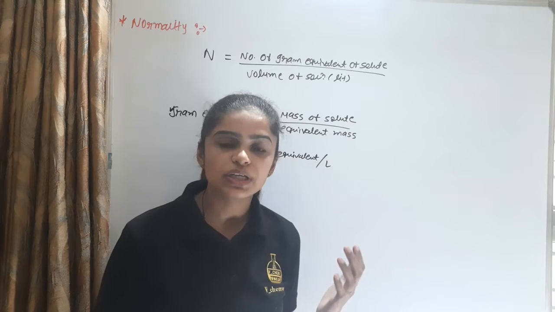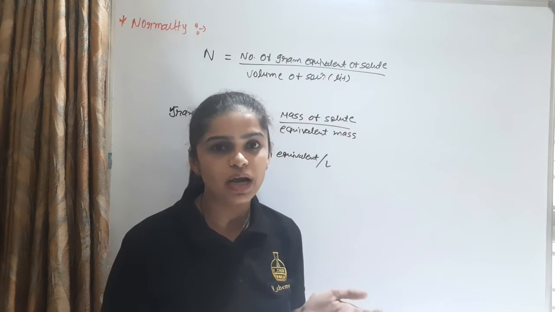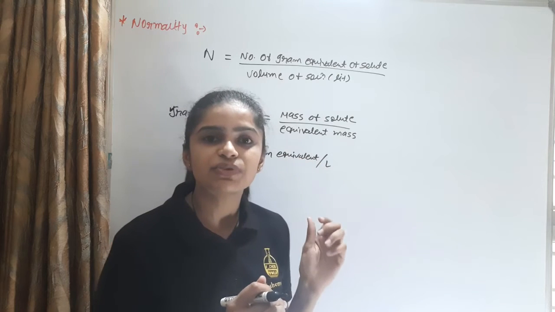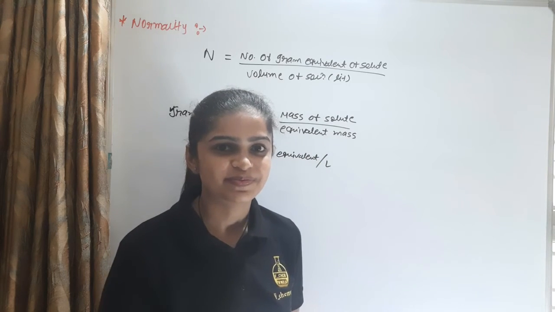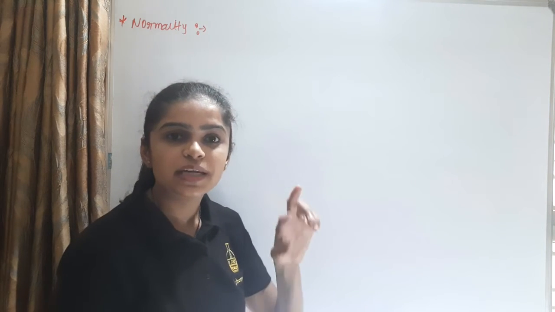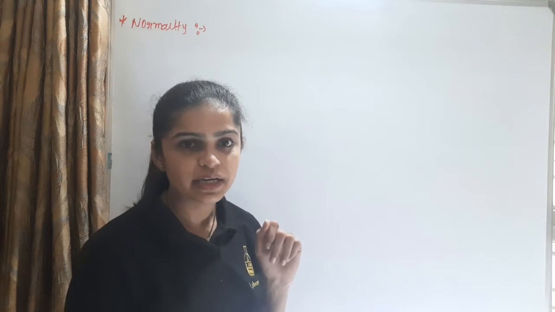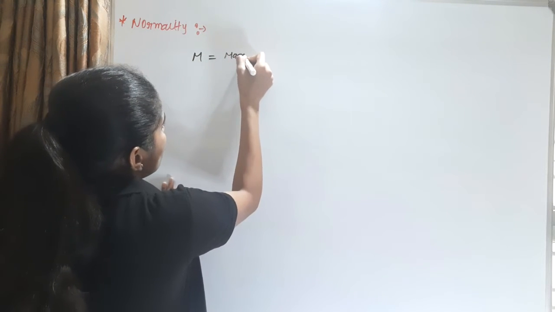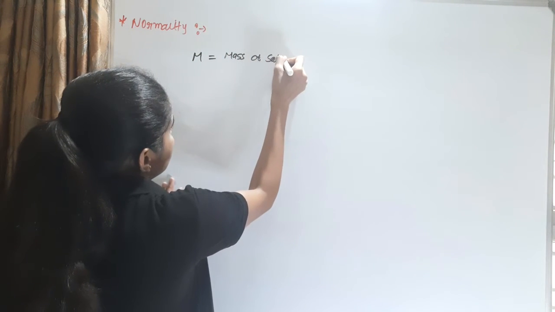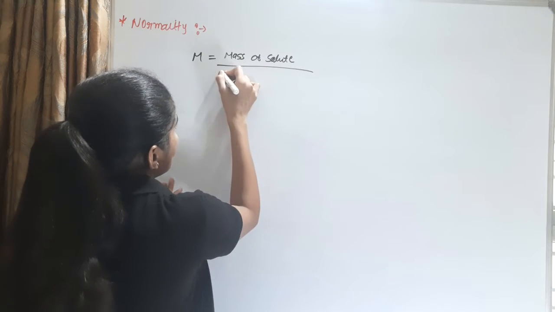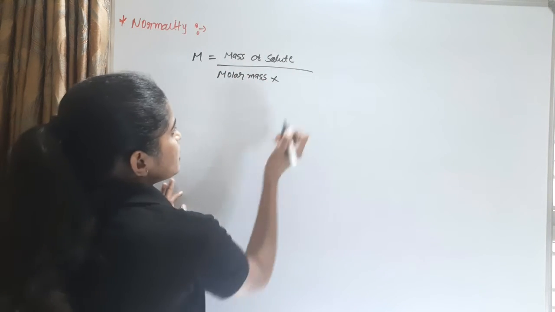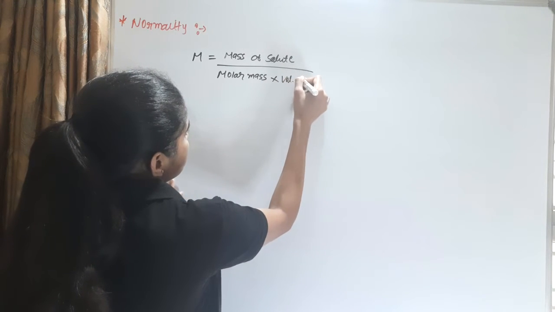Next we discuss the relationship between normality and molarity, and the detailed meaning of equivalent mass. How to define the equivalent mass? First we know the molarity. Molarity is equal to the mass of solute divided by the molar mass multiplied with the volume of solution.